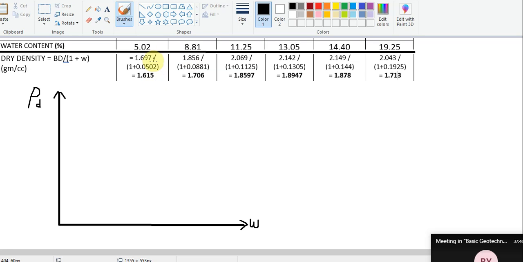The values range from 5 to 20, so there are 20 lines in my x division. I can take the scale 1 centimeter equal to 1%.